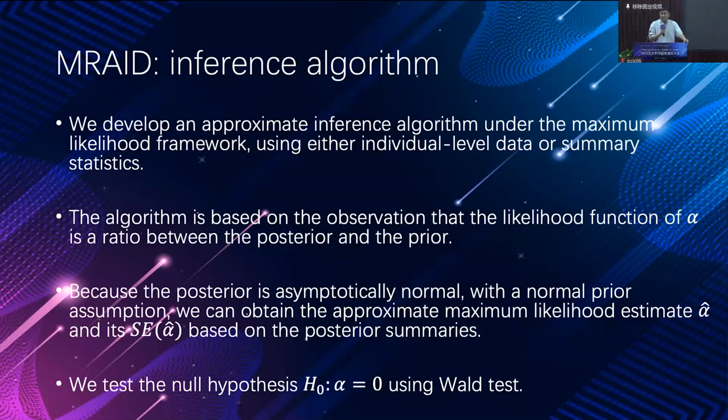Because the posterior is asymptotically normal, with a normal prior assumption we can obtain the approximate maximum likelihood estimate alpha hat, and derive the standard error of the causal effect based on the posterior summaries. So we can use the Wald test to test whether the causal effect is 0 or not.